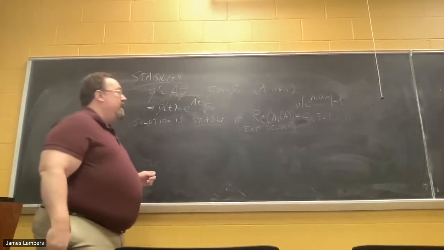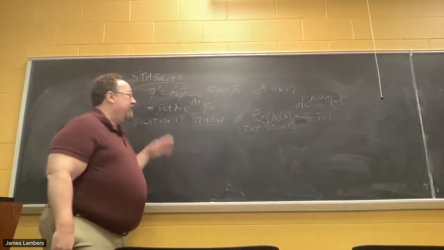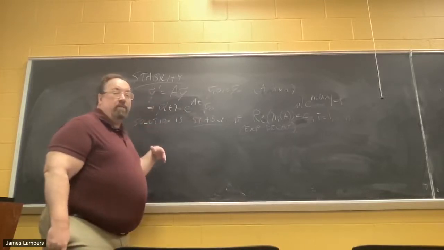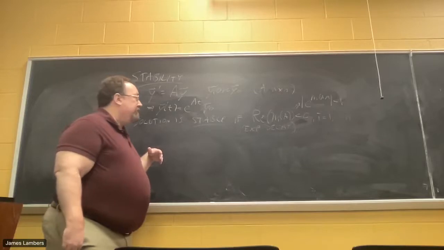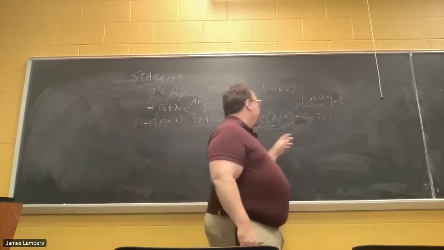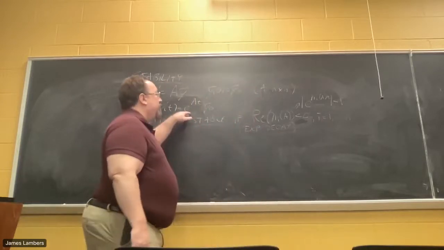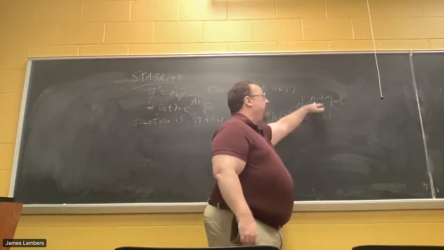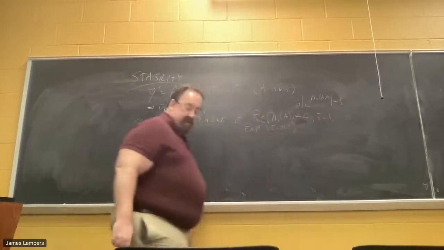This is how the exact solution behaves. So if we're going to solve the system by some kind of time-stepping method, we want to make sure that all these time-stepping methods effectively approximate the matrix exponential, so we want to make sure that numerical solutions have this kind of behavior also.